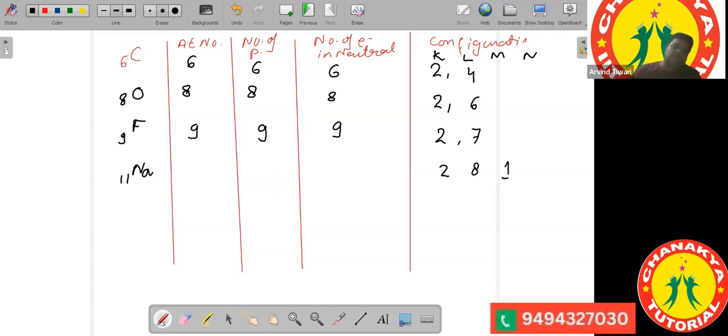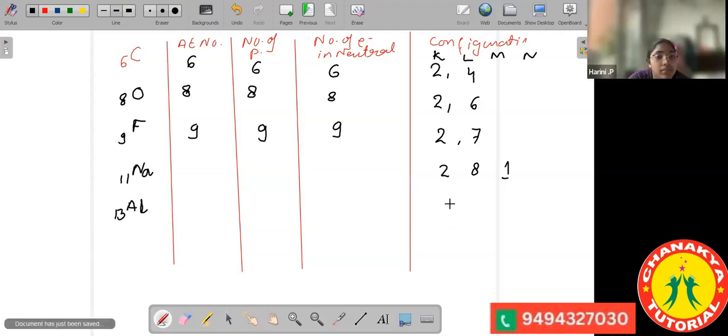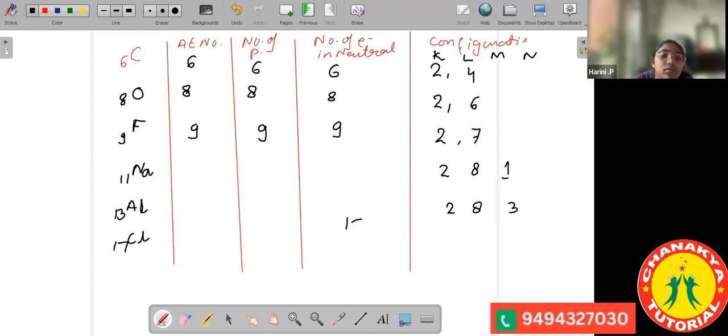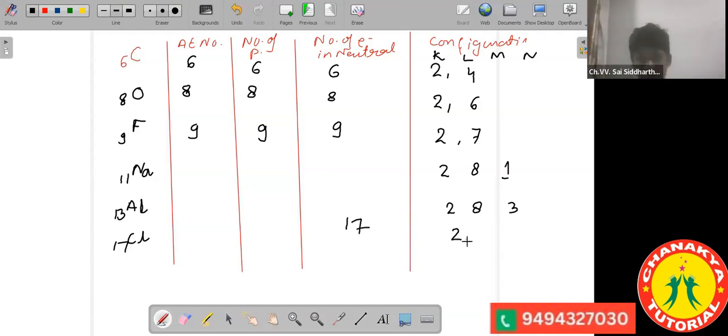For aluminium, 2, 8 and 3. If you add, you are getting 13, which is the atomic number of aluminium. For chlorine, its atomic number is 17, so it should be 2, 8, 7.